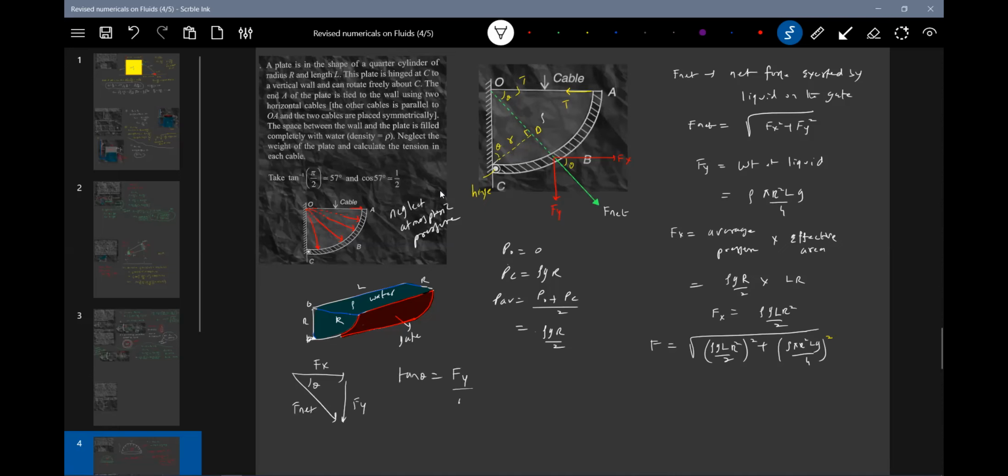Tan theta equal to Fy by Fx. Fy value we know, rho pi r square L G by 4. Fx is how much? Rho G L r square by 2.